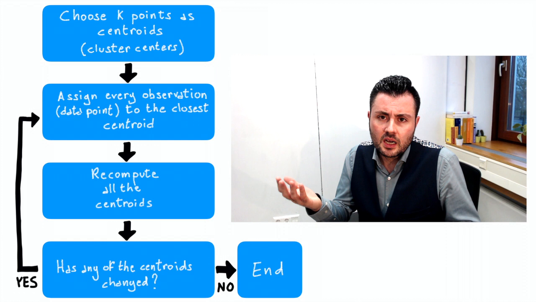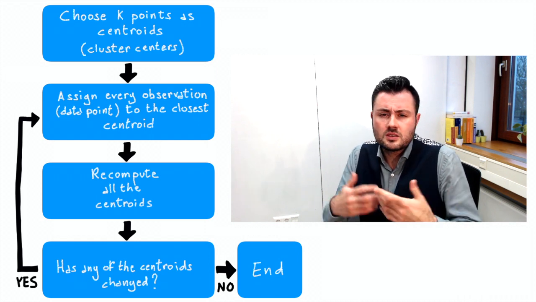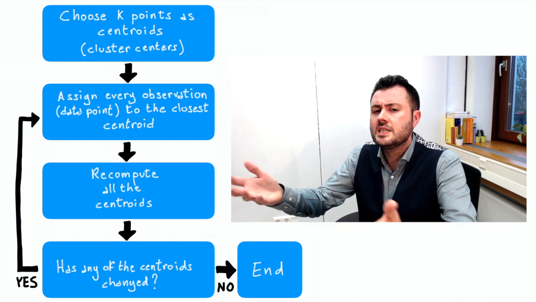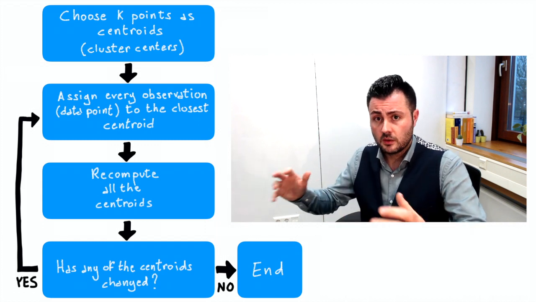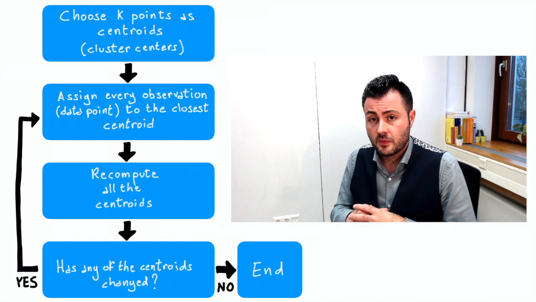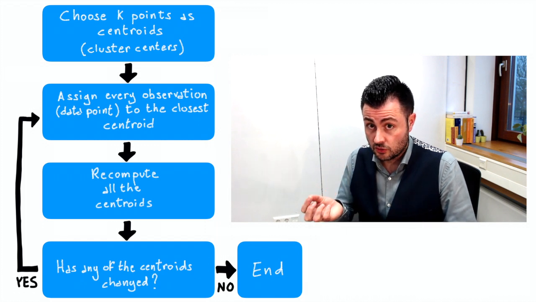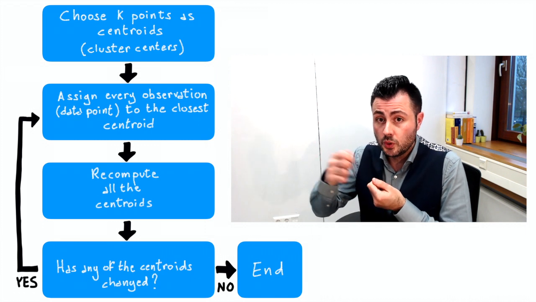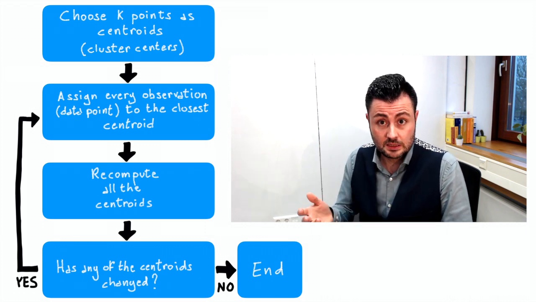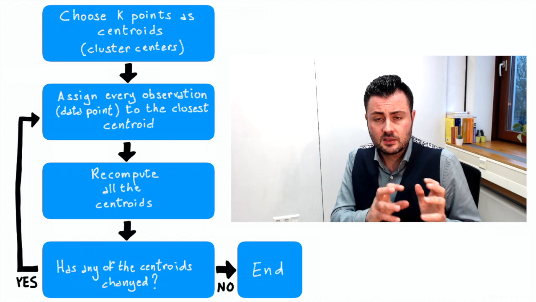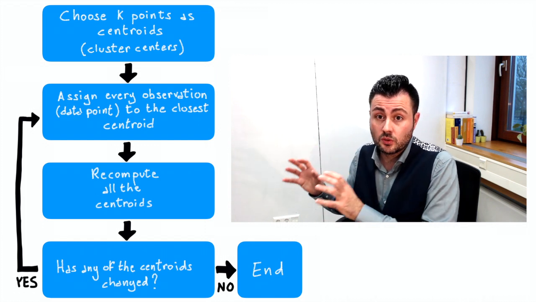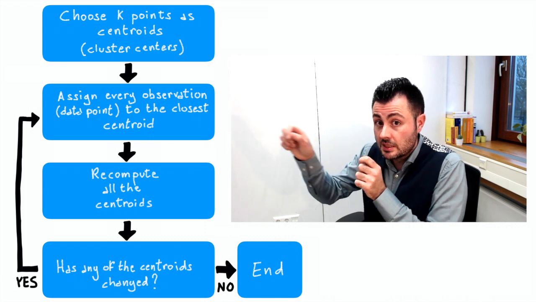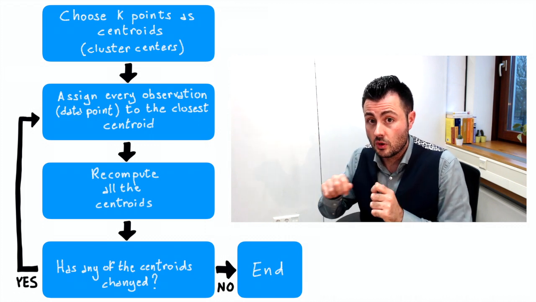Now, if we start with k different centroids, these centroids can be random, so we just randomly generate a certain number of points in our cloud of points. Then, for every centroid and every observation in a dataset, we compute the Euclidean distance. So if we have 10 centroids and 100 observations, for each of the 100 observations, I will compute the distance with respect to the 10 centroids.